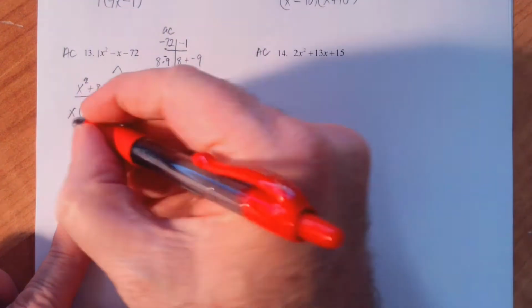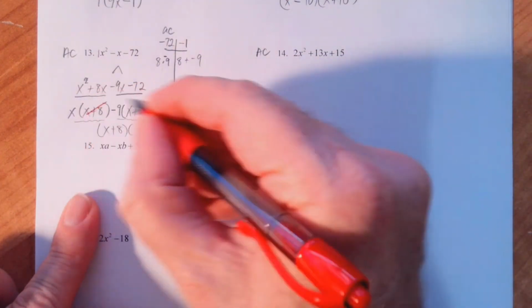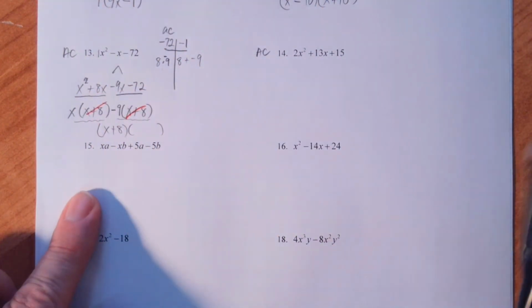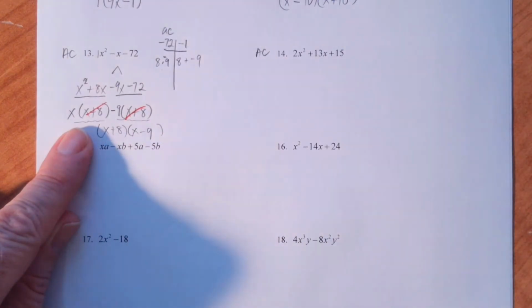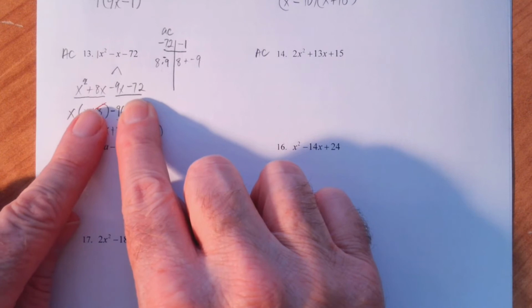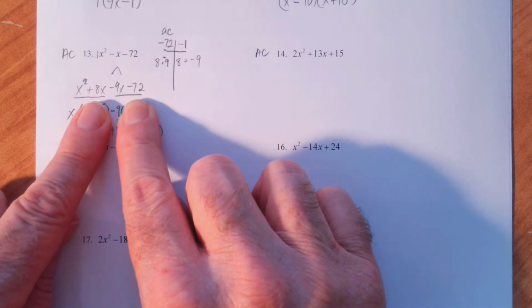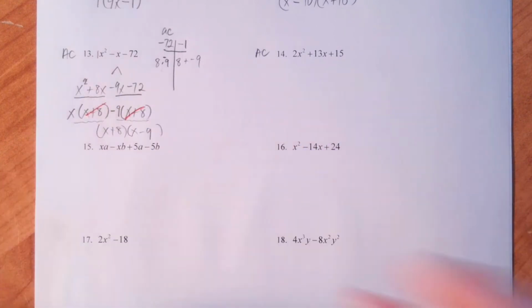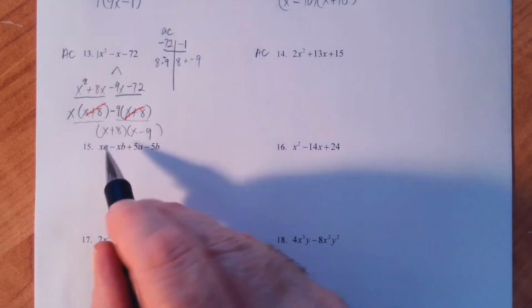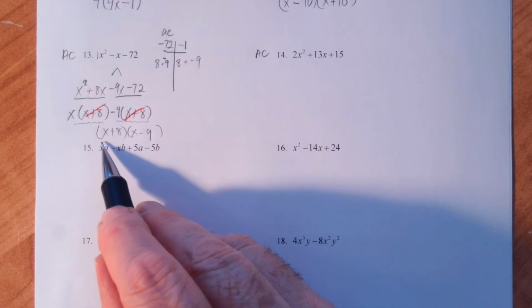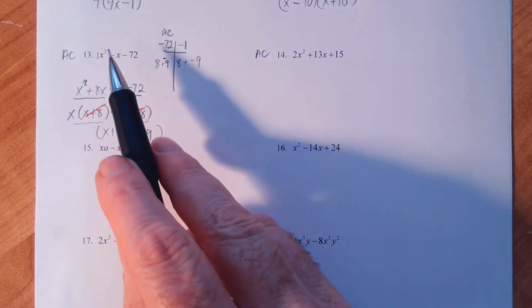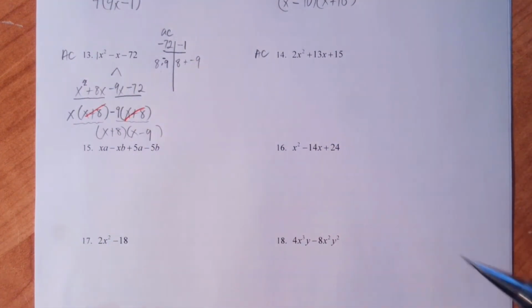We can cross those out, and whatever's left over is the other factor. That'll be x minus 9. Now the other way to do it is to actually cover the x plus 8's, and you can see the x minus 9. All right, and again, I'm sorry, I didn't give you a whole lot of space here, but you could multiply this out and verify that it does equal what we started with.